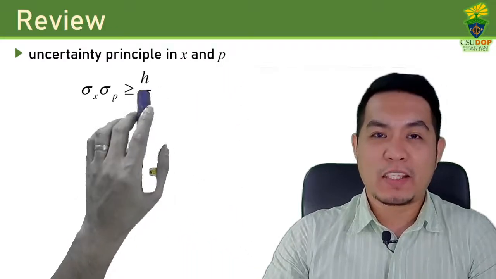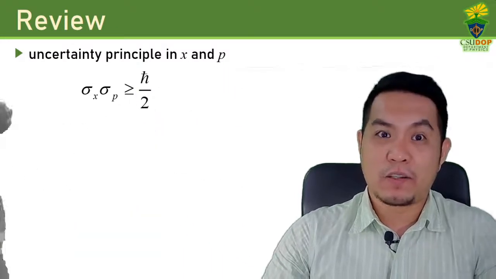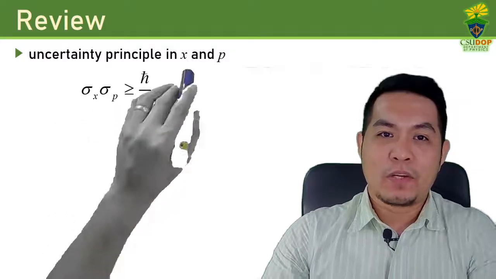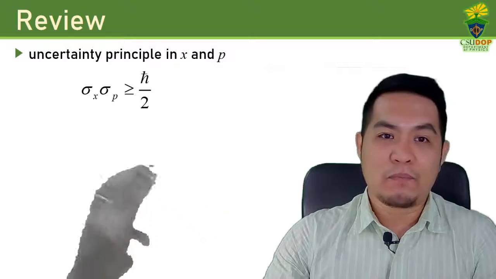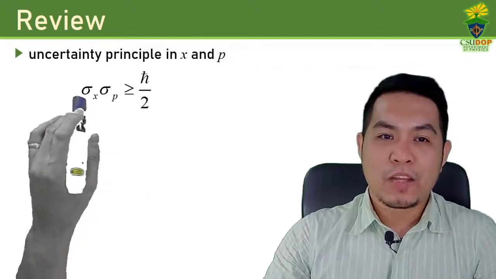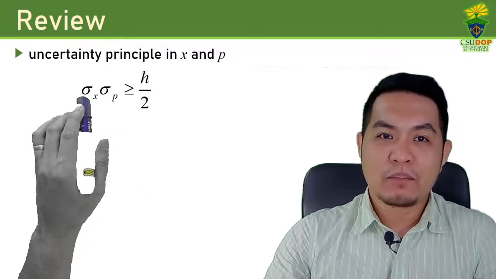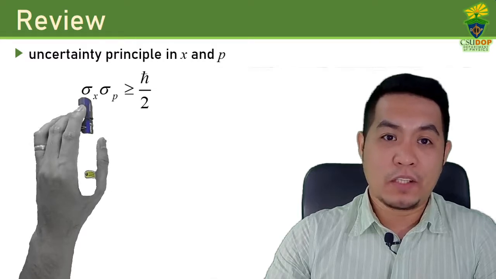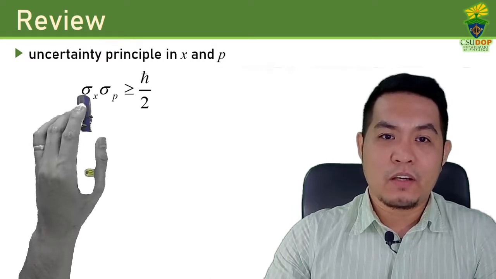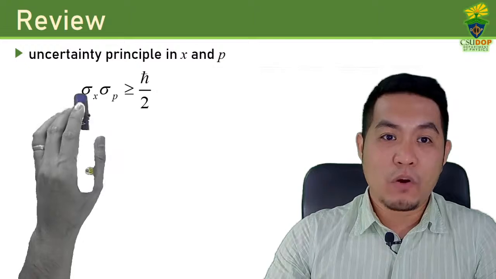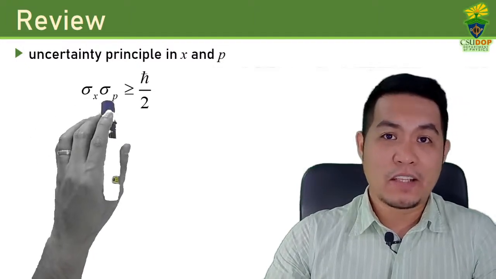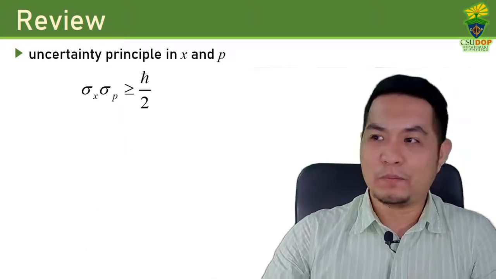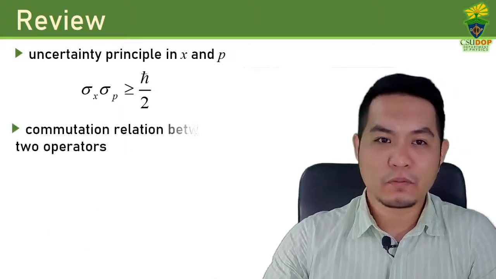But in quantum mechanics, h bar is significant. Therefore, you cannot measure both position and momentum at the same time, because if you have a small uncertainty in position, you will have a large uncertainty in momentum and vice versa.